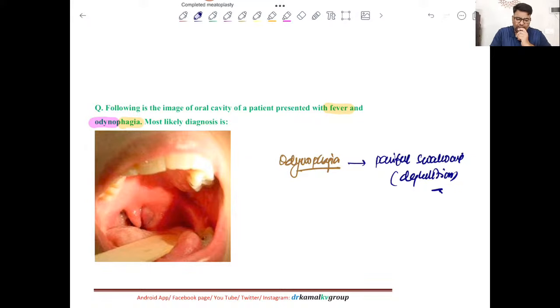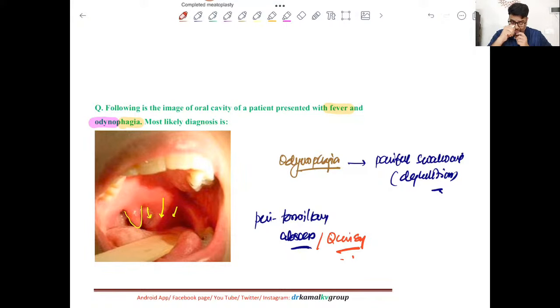Clear? So here actually if you look at the clinical image, now this is uvula. Okay, and you can see here there is swelling in the area of tonsil. So this is a case of peritonsillar abscess, right? Which is also known as quinsy.